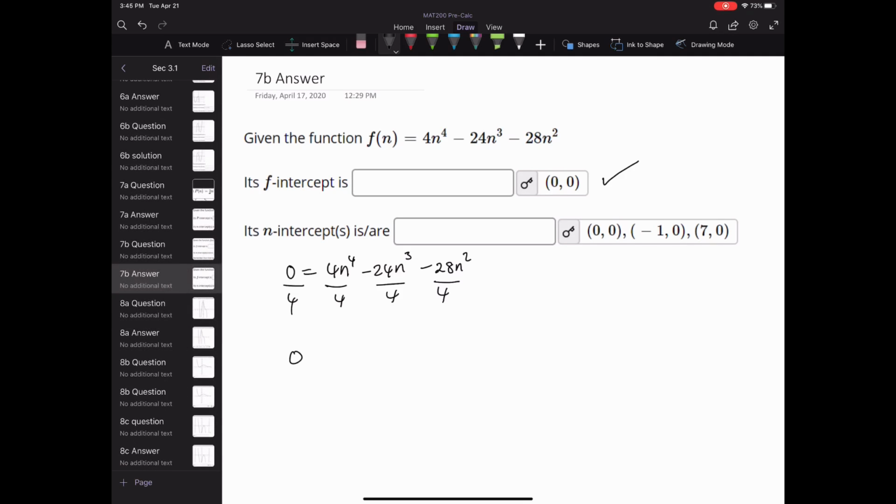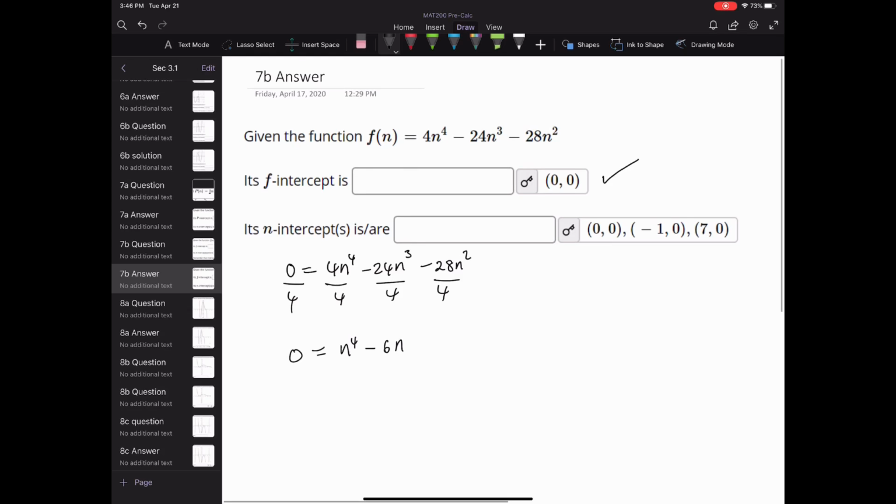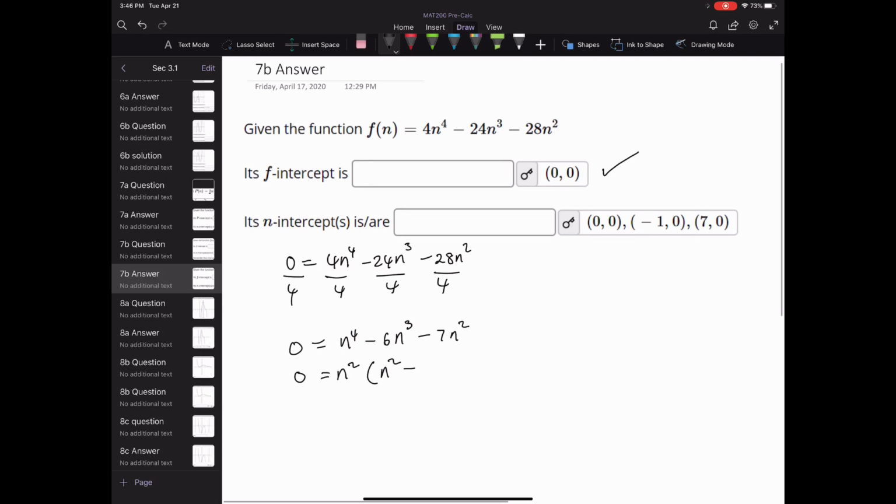Okay, sorry about that. Divide everything by 4, and you're going to get n to the 4th minus 24 divided by 4 is 6, and you'll get 7 n squared. Okay, we could also factor out an n squared. Don't forget to put equal to 0. So we get n squared minus 6n minus 7.